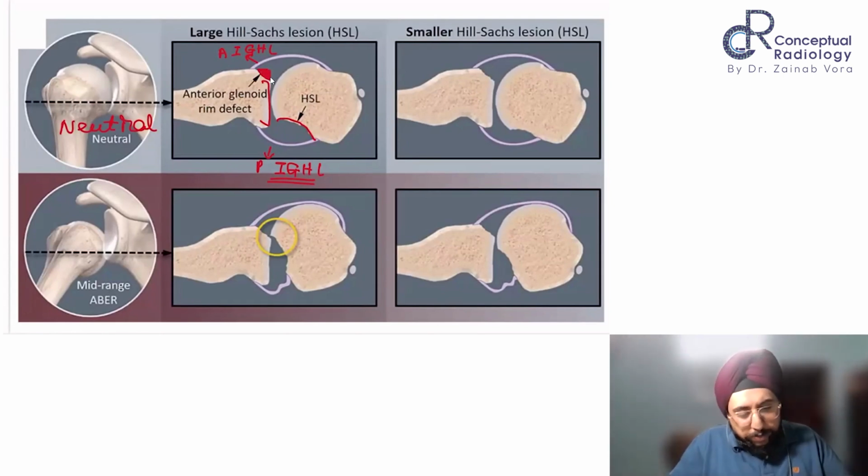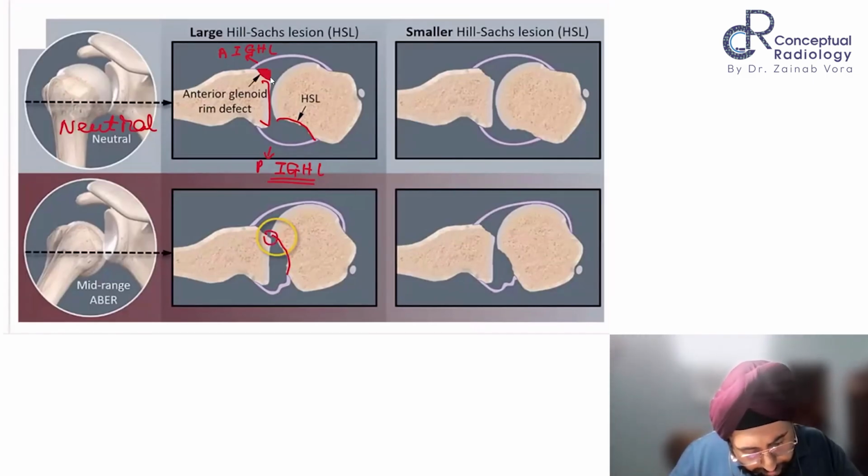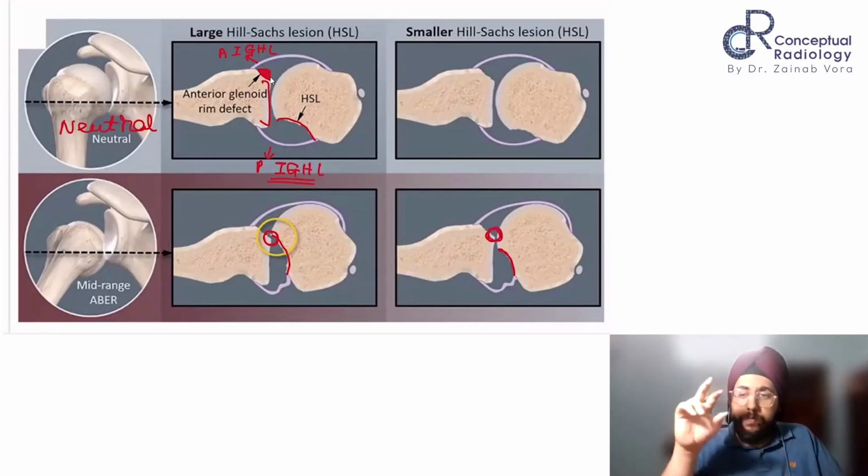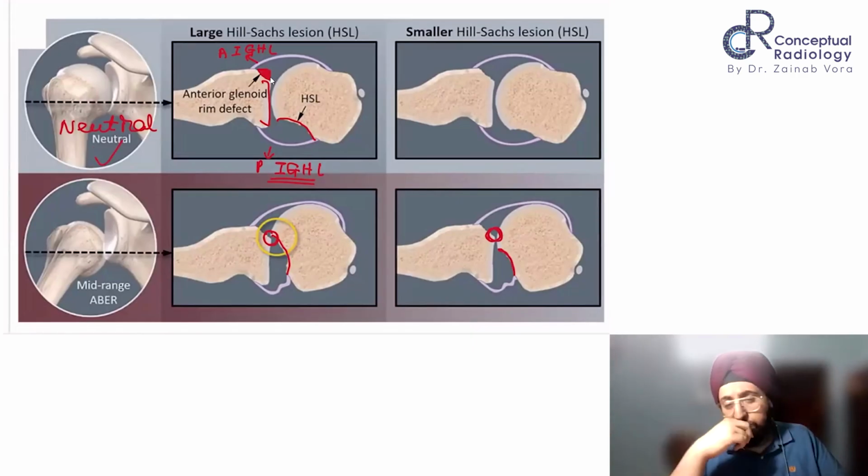But when you go to the mid-range ABER position, if the Hill-Sachs interval is large enough, it will engage with this anterior-inferior glenoid rim. But if the Hill-Sachs lesion is small, even in the mid ABER position, it will not engage. So the point is, we perform the CT and MRI in the neutral position, not in the mid-range ABER position.